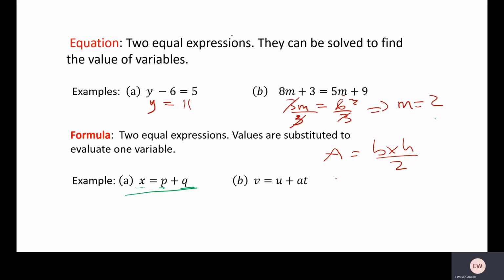So this becomes a formula. We can also have the area of a rectangle or a square, which is length times the width. We cannot find the area if we don't substitute the value of the length and the width into the mathematical operation. So this one is also a formula.